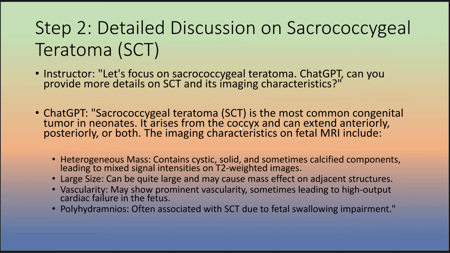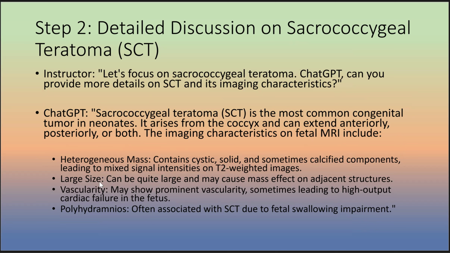It arises from the coccyx and can extend anteriorly, posteriorly, or both. The imaging characteristics on fetal MRI include a heterogeneous mass containing cystic, solid, and sometimes calcified components, leading to mixed signal intensity on T2 weighted images.